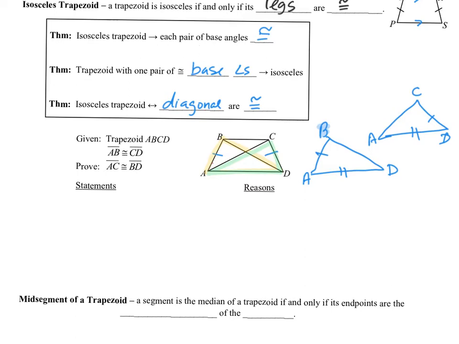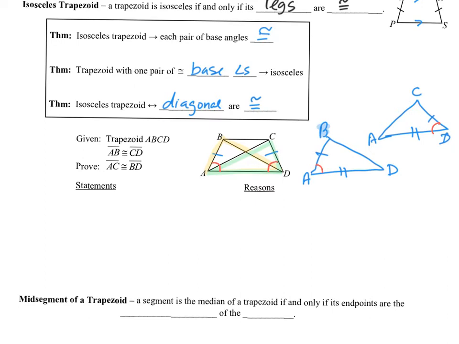So that means I can mark this angle congruent to that angle. So if I mark those in our separate diagram, I can mark angle A congruent to angle D. So that's enough to get our two triangles congruent by side, angle, side. And once we have those two triangles congruent, we're going to be able to say that BD is congruent to CA by CPCTC.